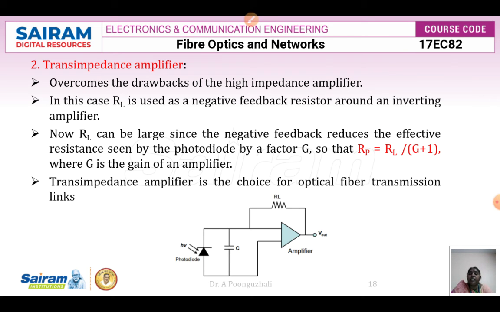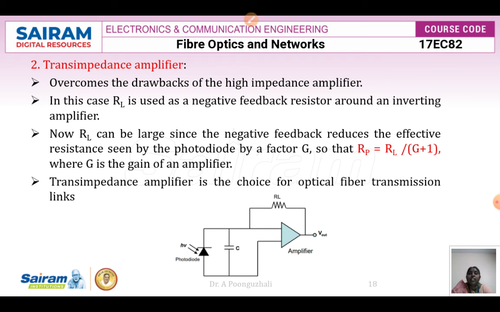So the transimpedance amplifier. The transimpedance amplifier is going to overcome the drawbacks of the high impedance amplifier. In this case, your RL resistor, the load resistor, is going to be used as a negative feedback around an inverting amplifier. So RL can be large, since the negative feedback is going to reduce the effect of the resistance seen by the photodiode.